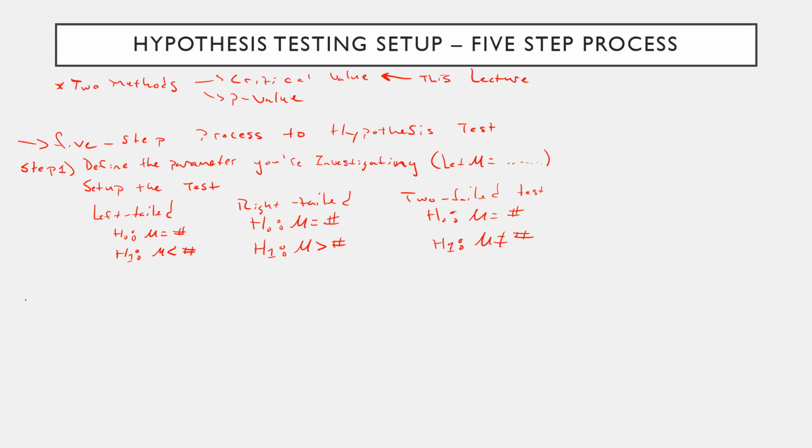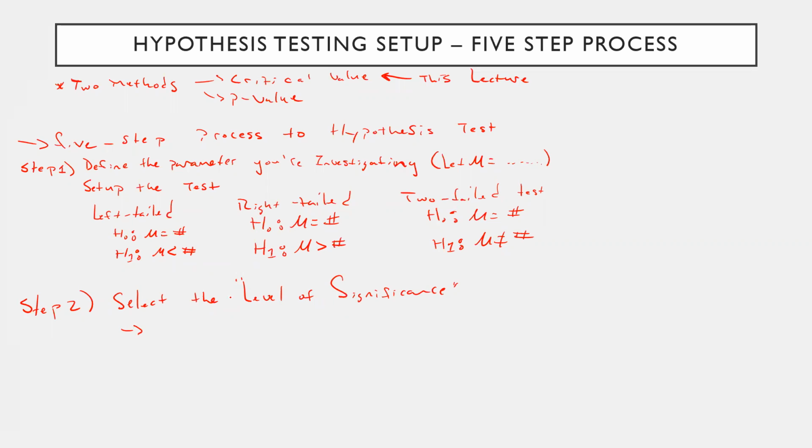Step 2. You're going to have to select the level of significance. Okay, have you heard me use the term level of significance in the first hour of class? Yes. Yeah, the good news is this will always be given to you.